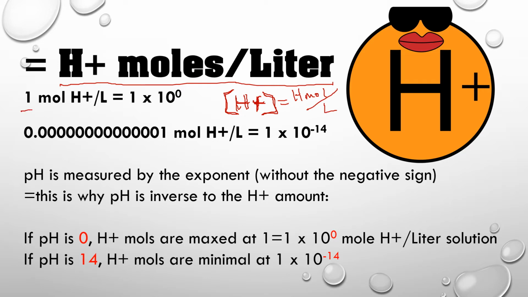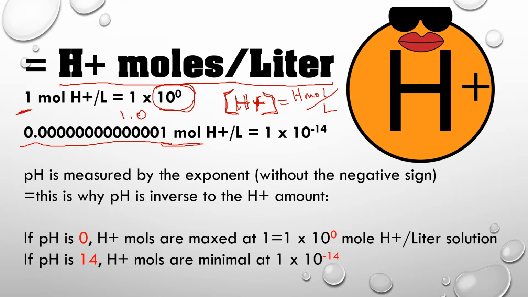Now 1 mole of hydrogen ions is the max it can go, and that's expressed 10 to the 0, and that's 1 mole of hydrogen ions, that just means 1.0 moles. Now this one is 10 to the negative 14 moles.